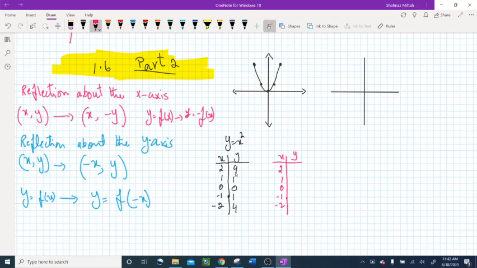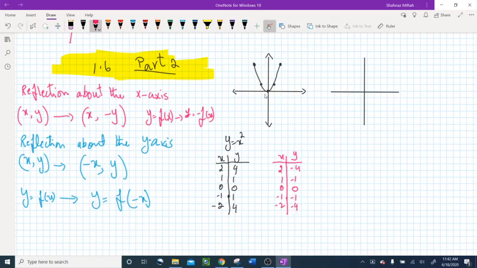The y values, the sign is going to change. So if it's positive 4, I do negative 4, negative 1, 0, negative 1, and negative 4. You see all the y values changed.